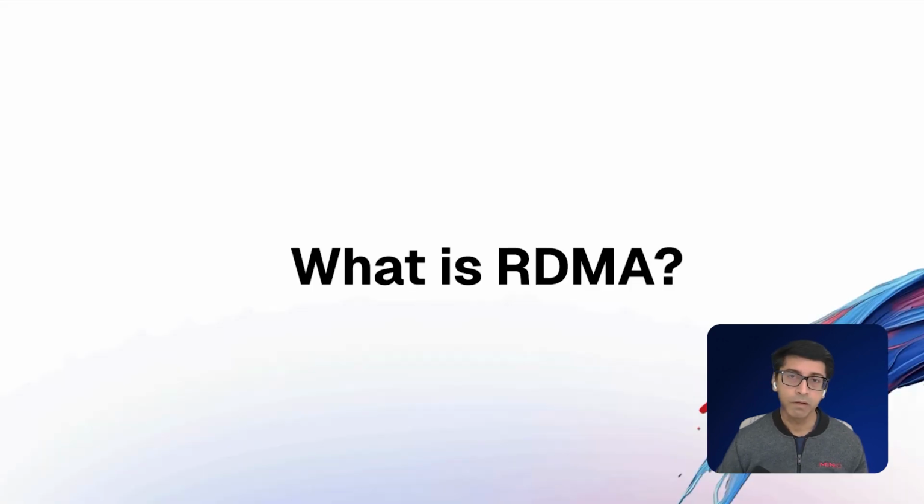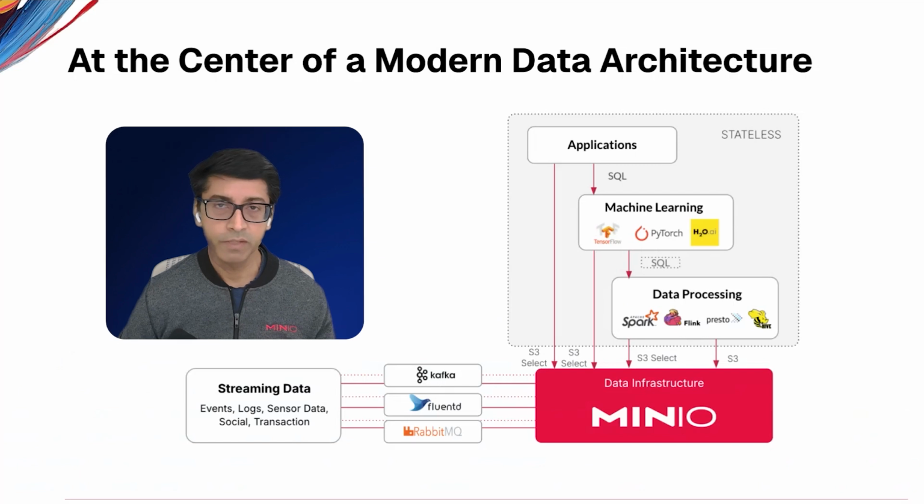Before I get into RDMA further, I would love for you to have a good picture of where MinIO sits in the modern architecture. On the left side, MinIO's data infrastructure is streaming information that comes in as inputs, mainly through a PubSub or queuing kind of system. Then, as it gets persisted in an object storage manner, you could utilize different toolkits from data processing to process the data, either to produce data sets that are meaningful for insights and for machine learning purposes.